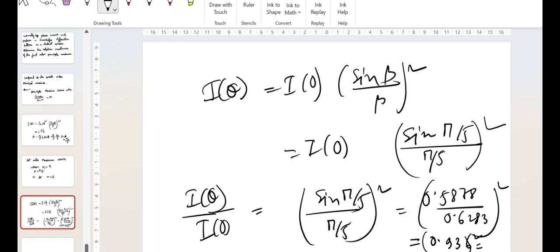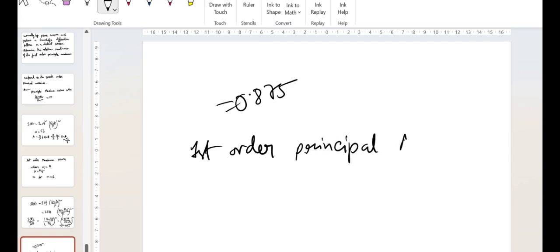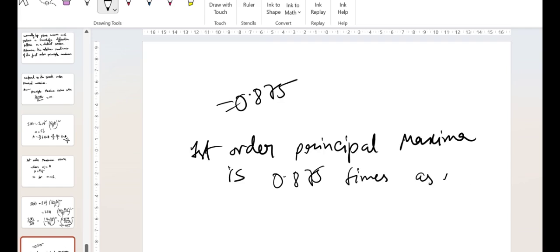So that is 0.8710. So the first order principal maximum is 0.87 times as large as the zeroth order maximum.